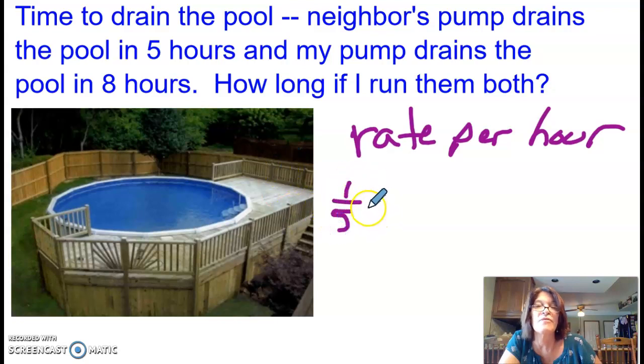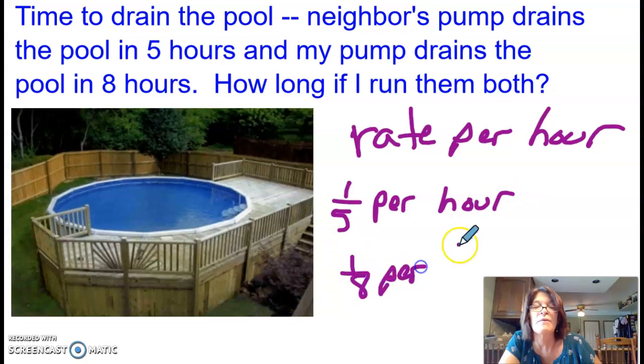It's 1/5 of the job per hour, right? It'll do 1/5 of the pool per hour. The other one will do 1/8 of the pool per hour. I want a rate per hour, just like on the previous problem.